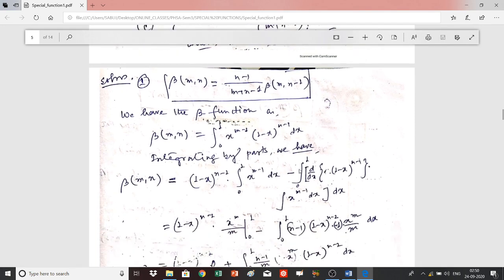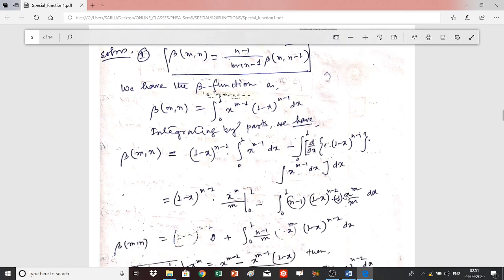Just integrate this by parts. You will get beta(m, n) equal to, first take 1 minus x to the power n minus 1, then the integral from 0 to 1 of x to the power m minus 1 dx, then a minus sign will appear, the integral from 0 to 1 of the differentiation, just differentiate this one, so d/dx of (1 minus x) to the power n minus 1, then integrate this term, that is the integration of x to the power m minus 1 dx.